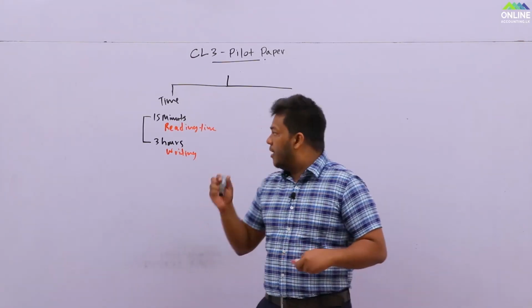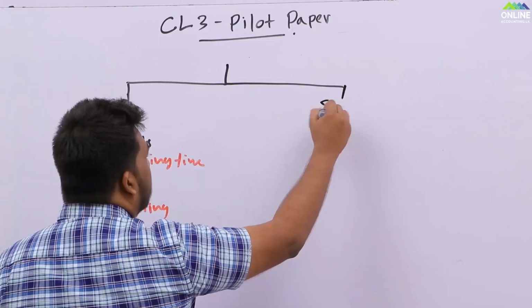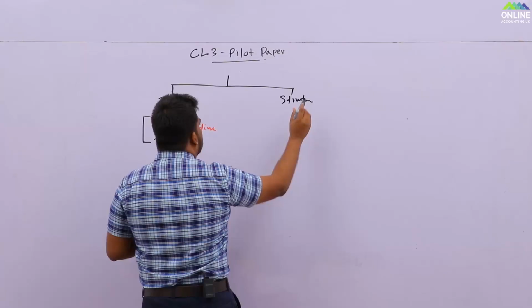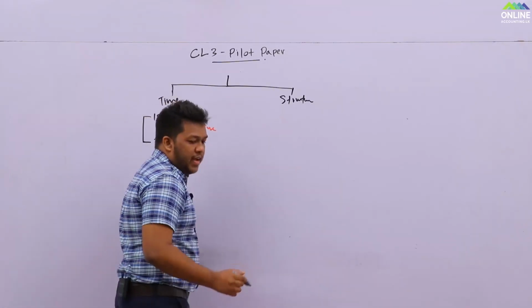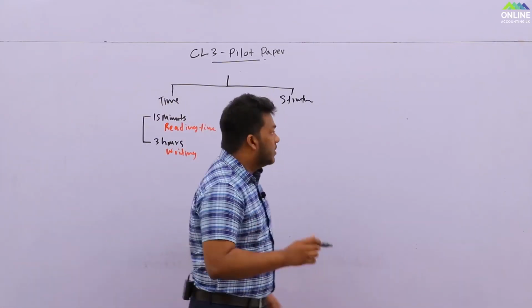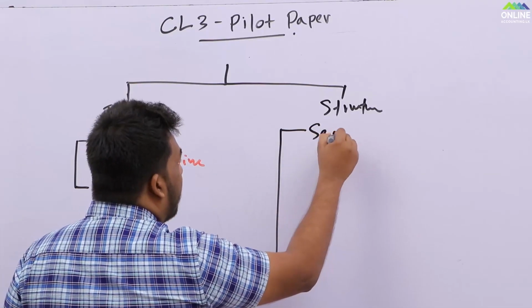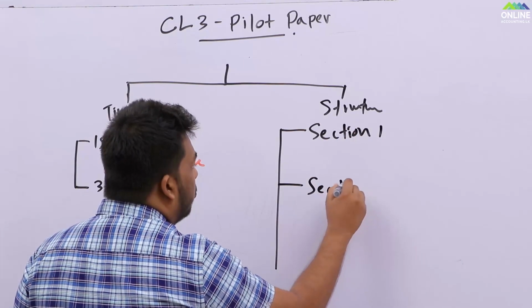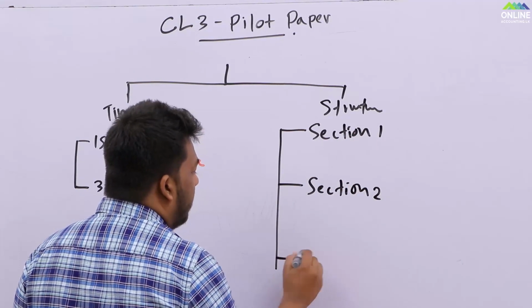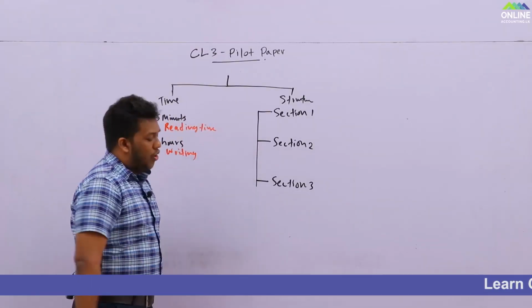So the paper structure, or the questions. There are 3 sections: section 1, then section 2, then section 3.